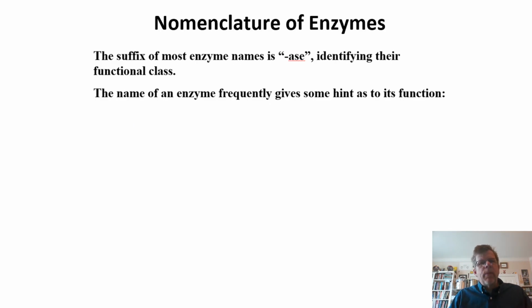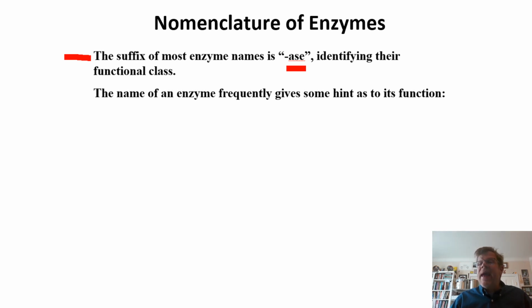Now, we look at nomenclature in biochemical systems quite different than we looked at nomenclature in the IUPAC nomenclature in organic systems. Nomenclature in biochemical systems is typically a little bit more colloquial in nature, but there are certain things that hold certain types of biochemical structures together. Notably with enzymes, any name that an enzyme has will almost virtually always have the suffix -ase, in identifying whatever functional class we're talking about.